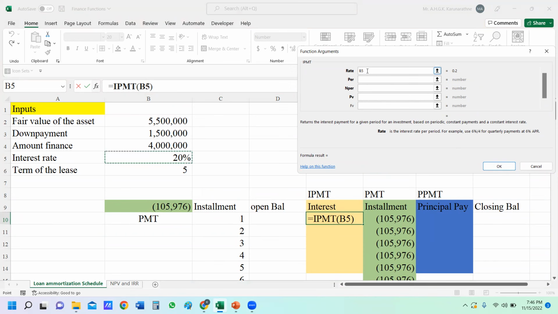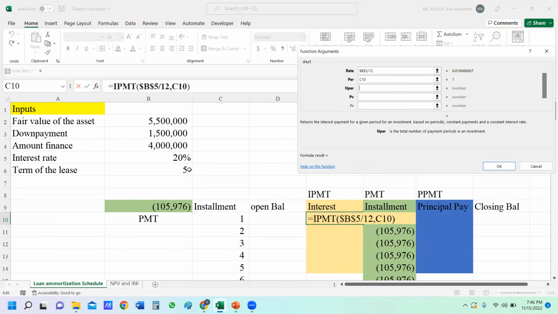So the rate in B5 needs to be made absolute. Press F4, and divide by 12, because this is the annual rate. PER is the period. We are computing the interest for the first installment, so you leave only this PER relative.